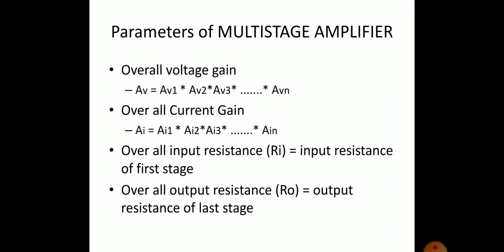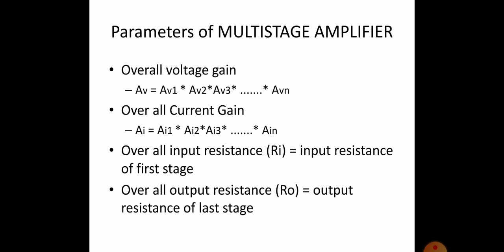Now there are various parameters of the multi-stage amplifier. We have overall voltage gain of multi-stage amplifier, which is defined as AV = AV1 × AV2 × AV3 × ... n number of AV. AV is your voltage gain.